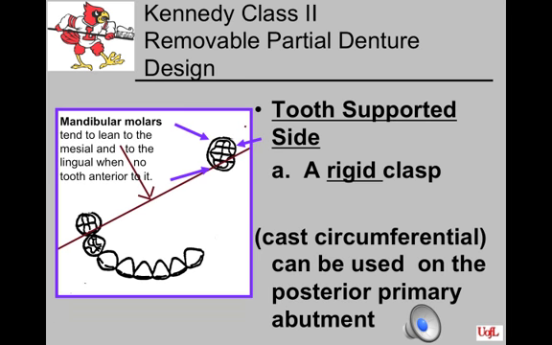We may also use the mesial buccal undercut for retention when we wish to plate the tooth on the lingual and extend our major connector back to the distal surface of our abutment tooth. When we do this, though, we have to consider how far out away from the tissue the lingual part of that major connector must stand in order to clear that undercut created by that leaning molar.